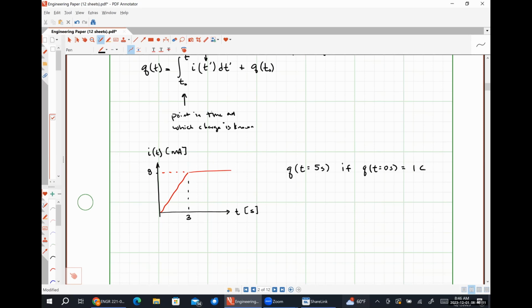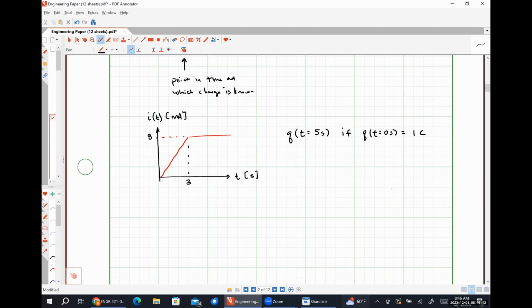Okay. So we would have something like this. So Q of t is going to be equal to the integral from, where is our current known? At what point in time is our charge a known quantity? 0, because that's what this sentence says.